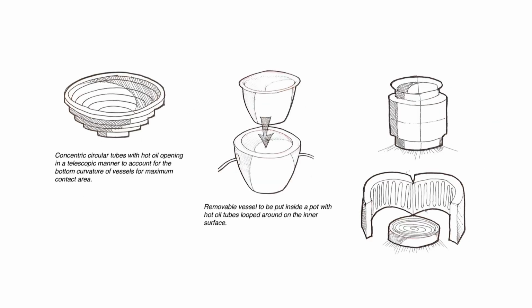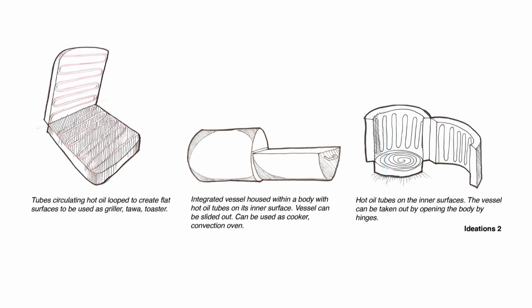You can also make a rice cooker analogy, where you insert another vessel and under it there are copper tubes with heated vegetable oil, a telescopic circular concentric tube which will take the shape of the vessel's bottom curvature. There is also an electric sandwich maker analogy, where copper tubes are here and you can keep your chapati or bread. So different analogies and different ideations were done.